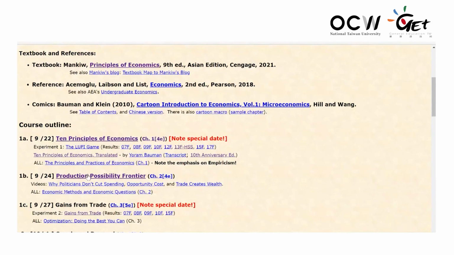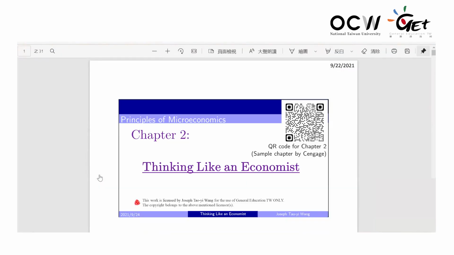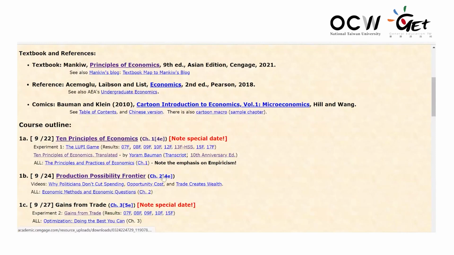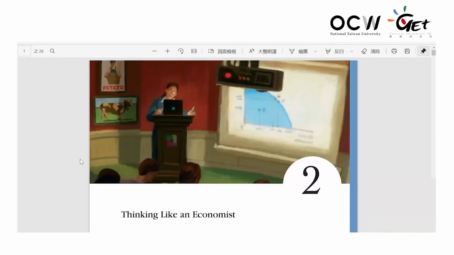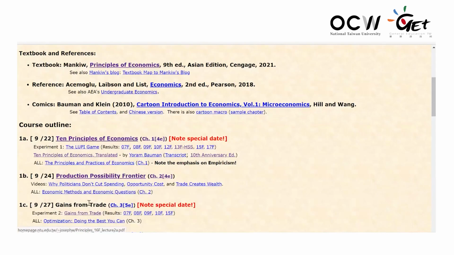And I'm going into Chapter 2, if we get that today, the production possibility frontier. You will see this as well, and the publisher also has a sample chapter of Chapter 2, and so on. I haven't uploaded the lecture of Chapter 3 here, but if you go to NTU Cool, you will see last year's slides. The latest will be uploaded here.